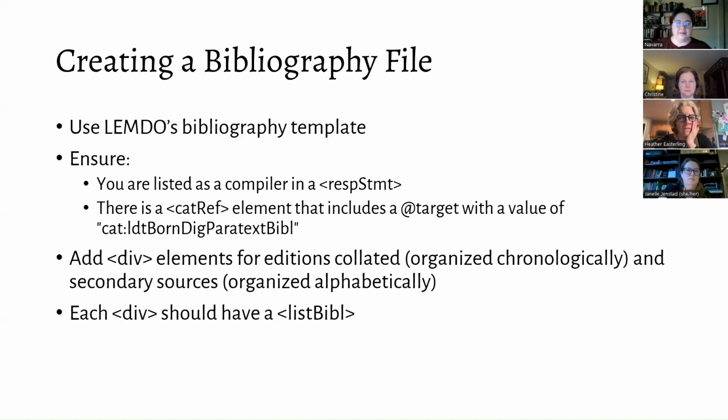You're going to have at least 2 div elements. One will be for your editions collated, which is organized chronologically, and then one for your secondary sources, which is organized alphabetically. And then each of those divs should have a list bibl, and that's the actual bibliography in that div.